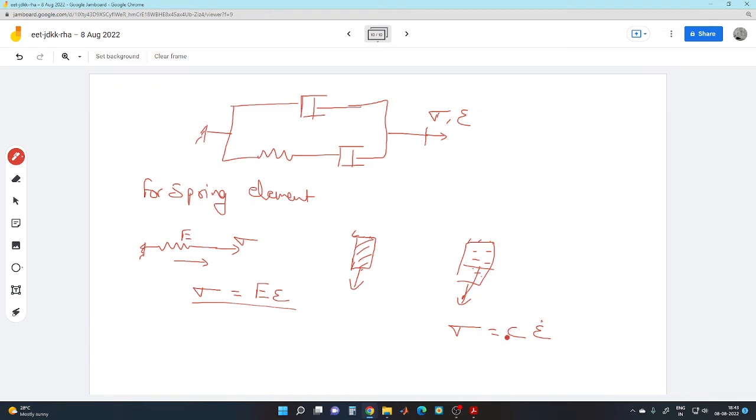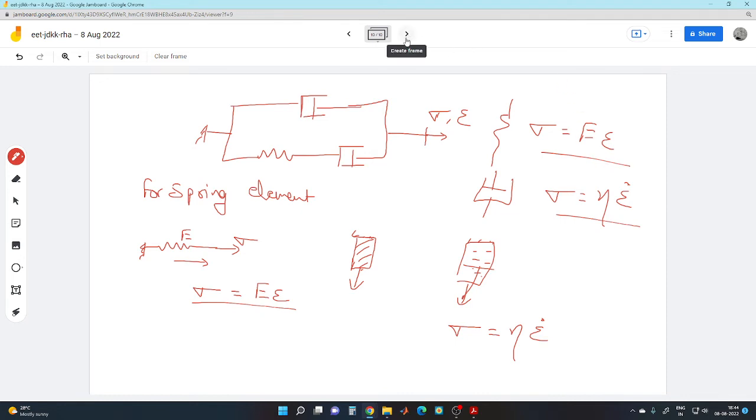Actually, it is not C. In lecture, we use the term loss factor, which is eta, so sigma equals eta epsilon dot. So we know for spring element, it is sigma equal to E epsilon, and for damper element, it is sigma equal to eta epsilon dot. So these are the two expressions.